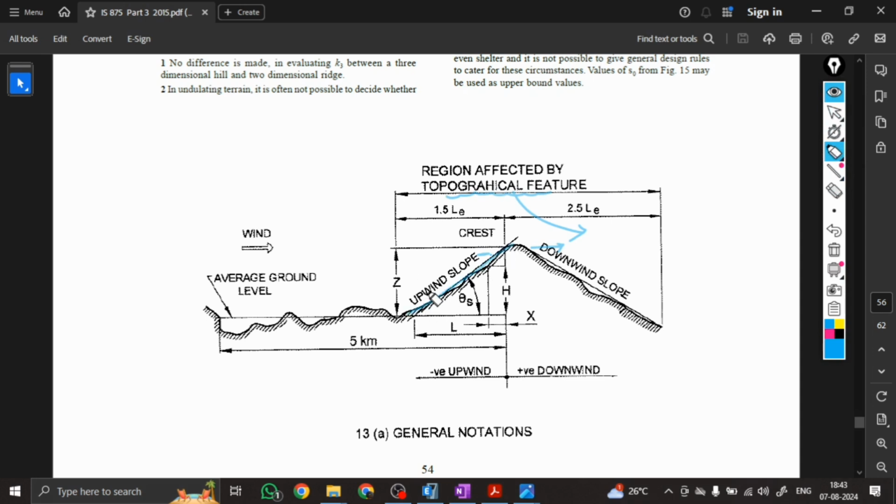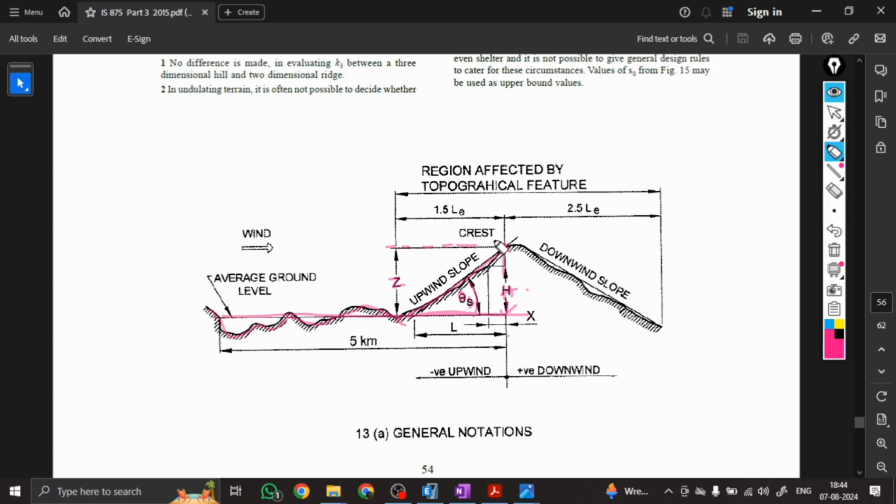This is theta S, and the height from the bottom to the tip of the hill we call Z. From the top to the average ground level, that is H. And this distance is our L distance.